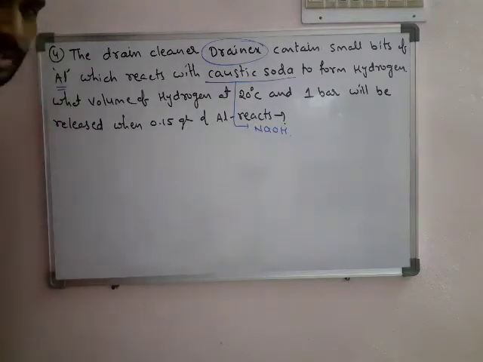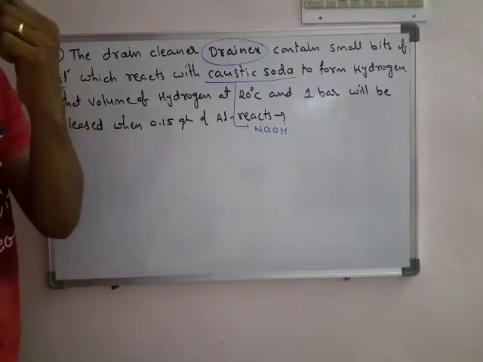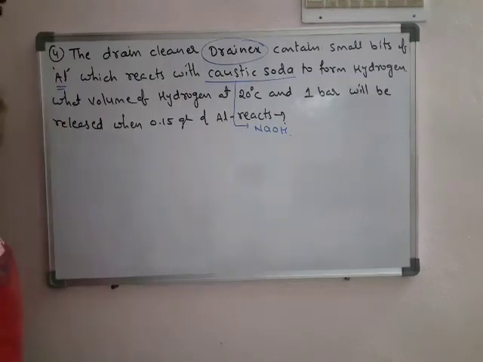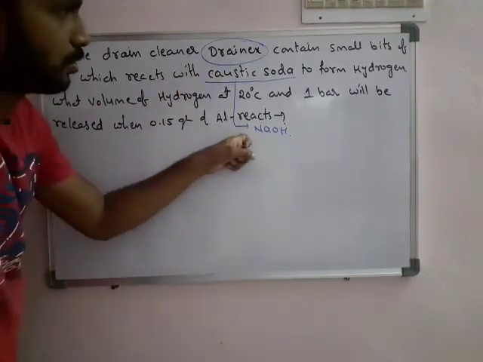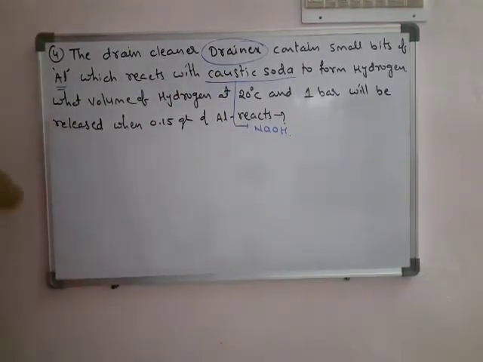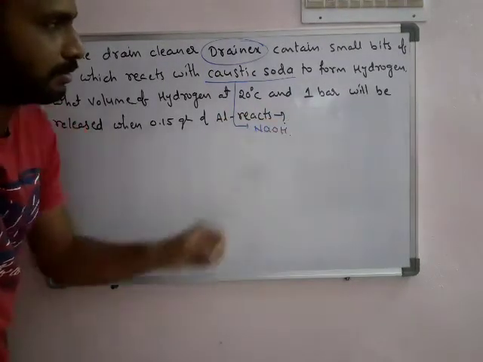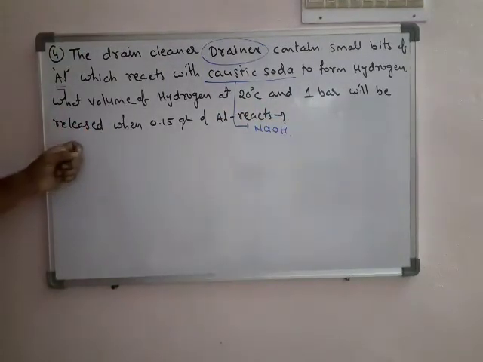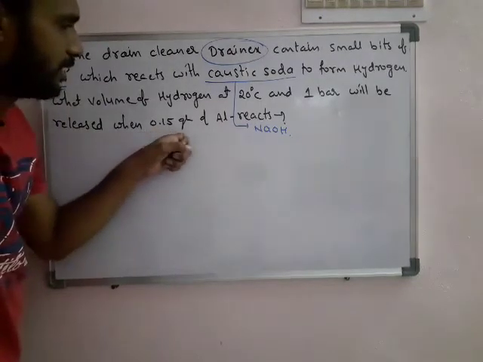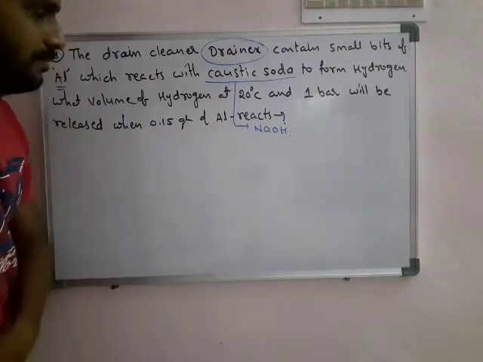Sodium hydroxide is known as caustic soda. Aluminium reacts with caustic soda giving hydrogen gas. So we need to find what volume of hydrogen at 20 degrees Celsius and 1 bar pressure will be released when 0.15 gram of aluminium reacts.